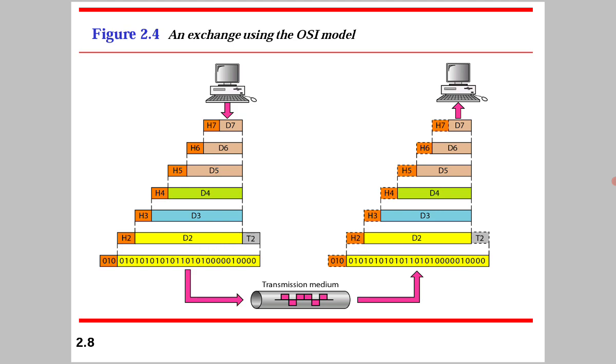The first part contains the header and the second part contains the data. The header part generally contains information like the sender address and receiving address, and the data part contains the data or information to be transmitted.